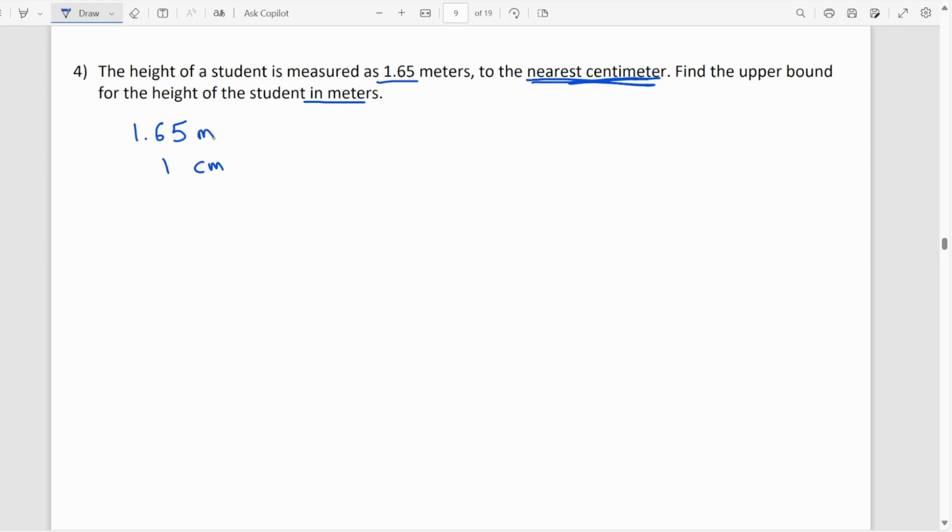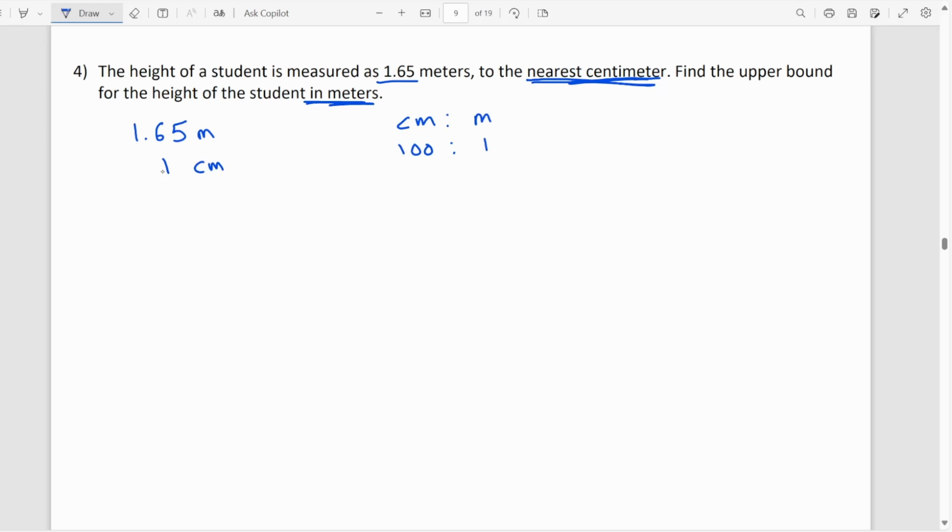Now you have two options: either change the meters into centimeters, or change the centimeters into meters. Now we do know that the final answer needs to be given in meters, so it would be easier for me to just grab the centimeter and change it to a meter. Now we know that 1 meter is 100 centimeters, okay?